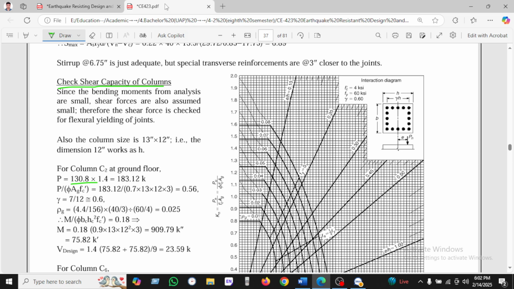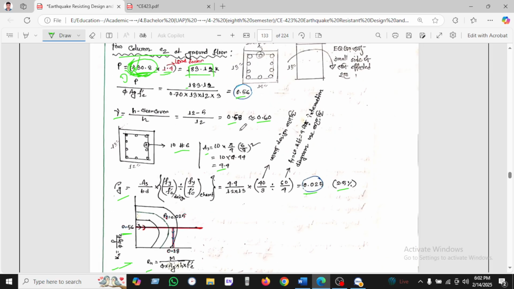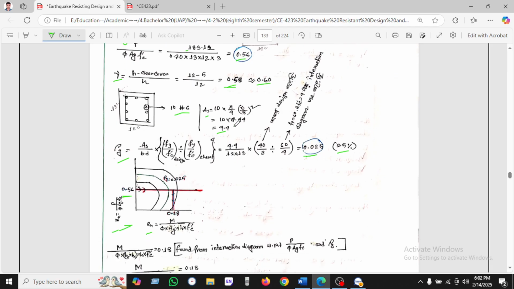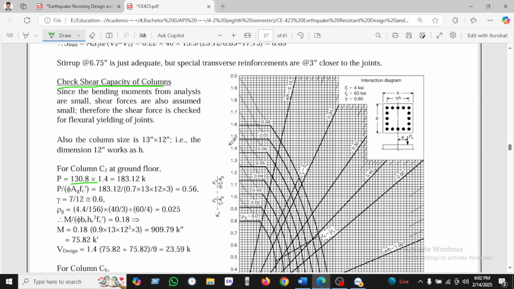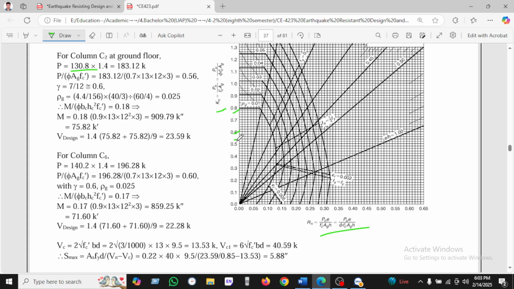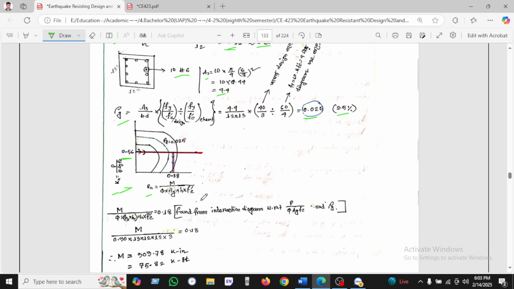So from this graph we have found K, which is 5.6. This value is taken here, and 0.18. Why will we take 0.18?